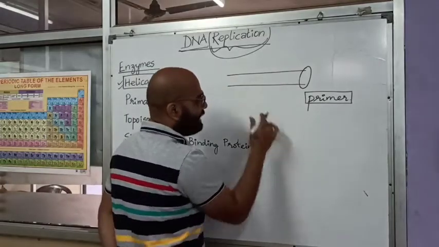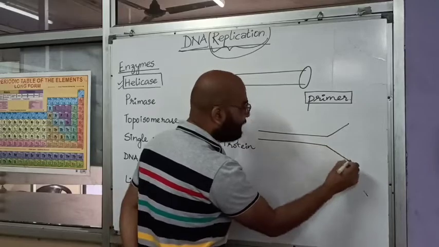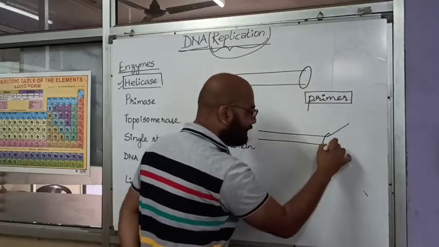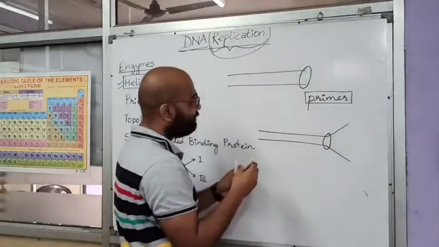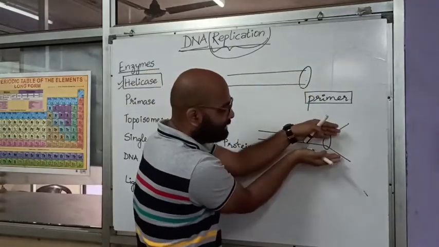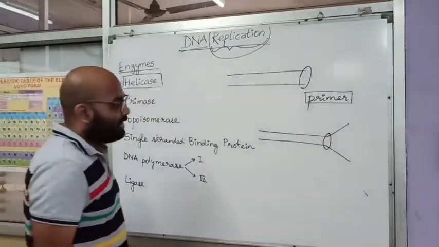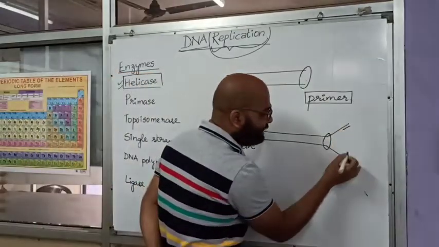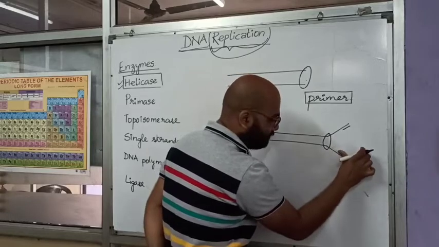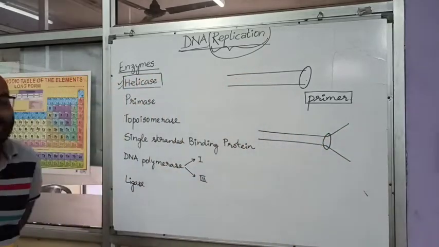So when this strand is opened up by the enzyme helicase, that means when this helicase enzyme moves this way, it will open this much of its stretch. So we'll have to add a new strand here, and a new strand here. For a new strand to occur, we need some building blocks.